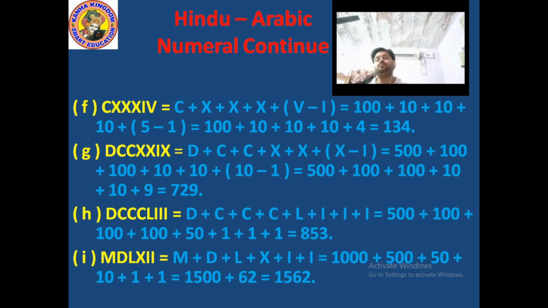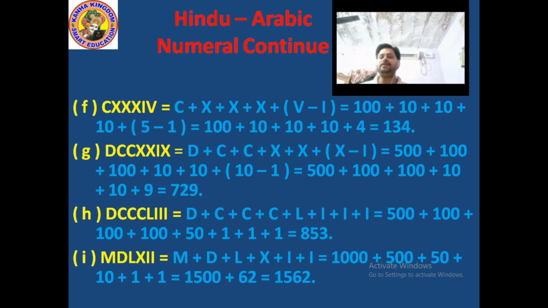So here again you just add all the digits. How? M plus D plus L plus X plus I plus I. Here M equals 1000 plus D equals 500 plus L equals 50 plus X equals 10 plus I equals 1 plus I equals 1. All are in the descending order, so it is very easy to add.